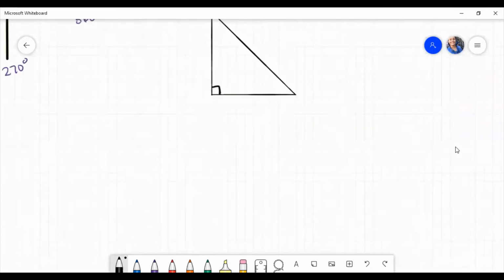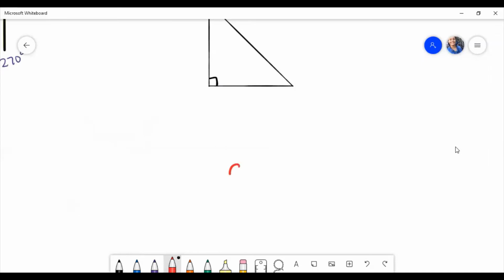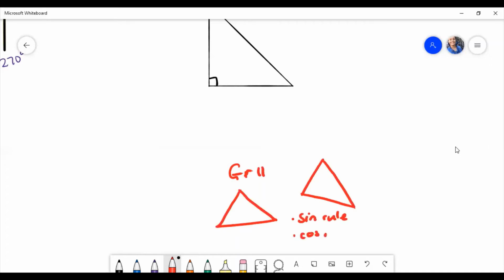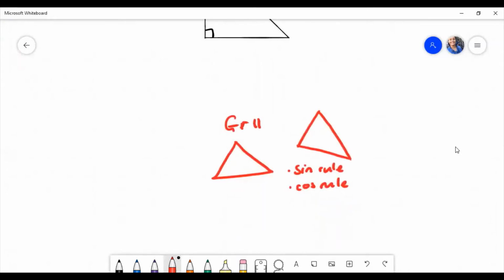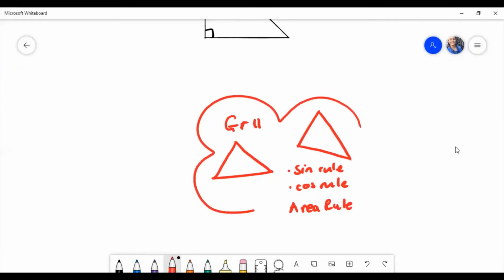Further on in grade 11 this year, we will go into more depth where we will work with normal triangles where we do not have 90 degrees, but that's when we learn the sine rule, the cos rule, and later on our area rule. And these are reserved for techniques applied in triangles that do not have a 90 degree.